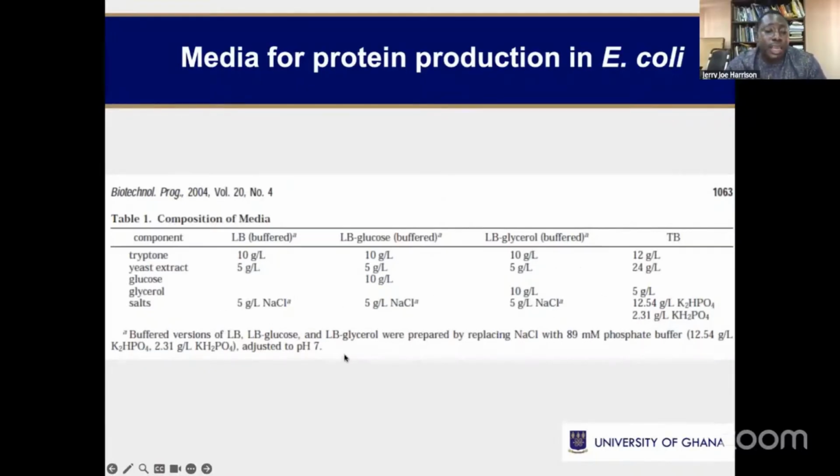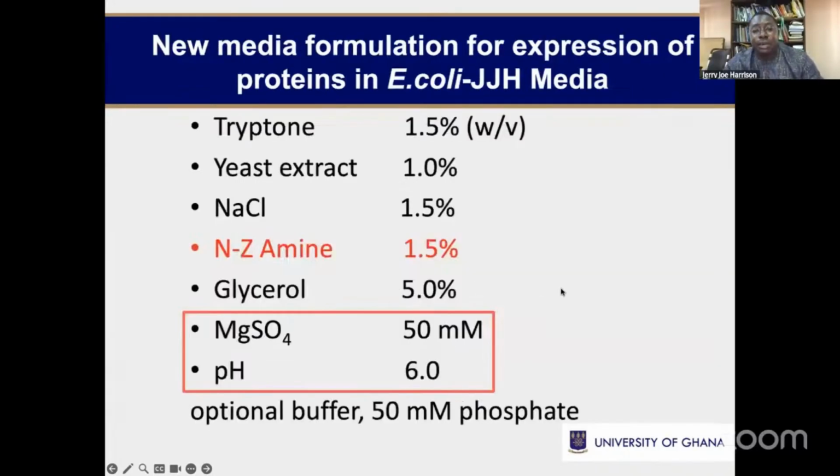So some of the things that we started doing is looking at different media compositions to see whether any particular media was going to work, and none of it really worked in a way that allowed us to purify good material for structural studies. I'm not going to bore you too much with all the details. I had to reformulate media that would work.